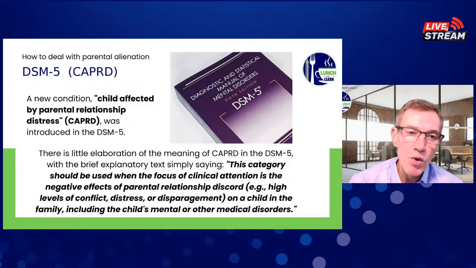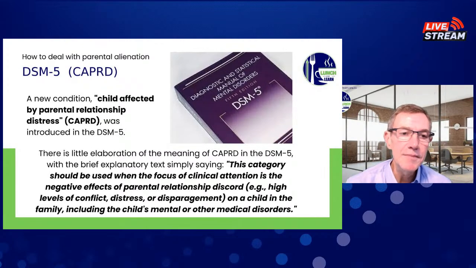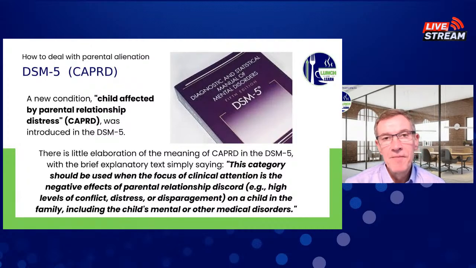However, a new condition was brought in, called child affected by parental relationship distress, the CAPRD. That is the only form of discord between a parent and a child contained in the DSM-5.